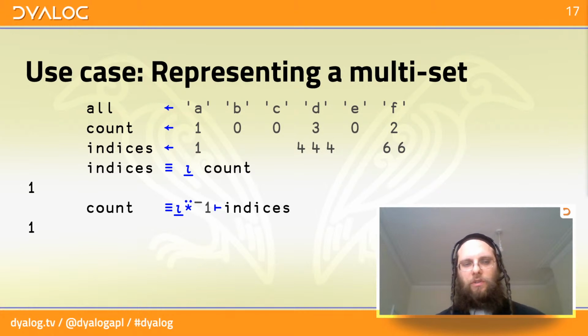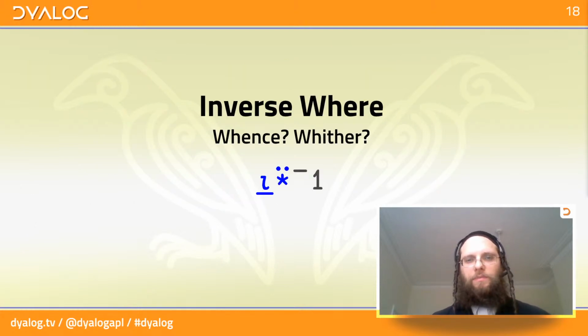So we are doing where in reverse on the indices, that gives us the count. Okay, so we can use where and where inverse to convert back and forth between these things. So that's what I'll go through here. Of course, it doesn't have a name because it's not a primitive, but that doesn't mean you can't use it. It's actually really useful, and if you are to define this not using where inverse, it gets quite complicated.